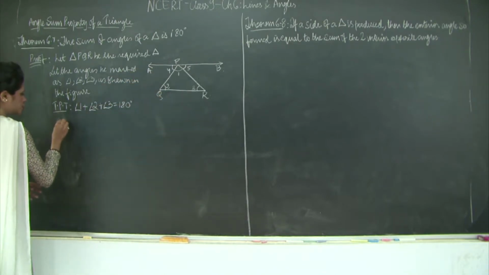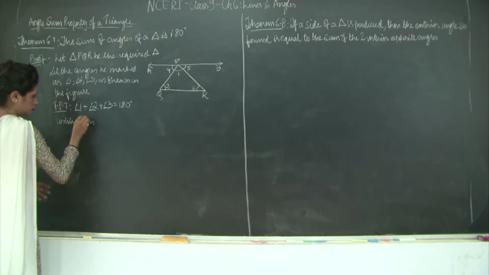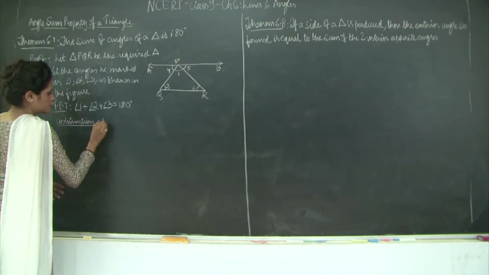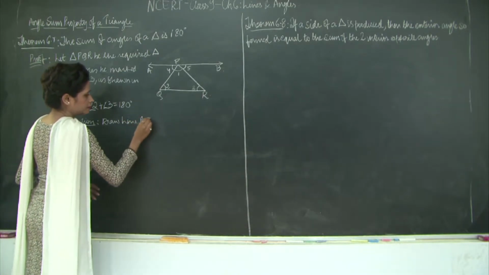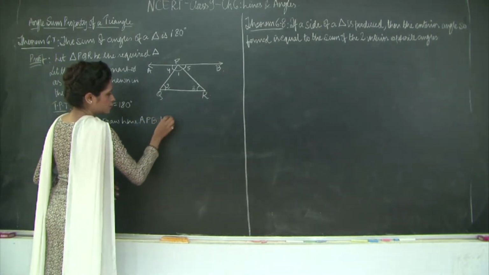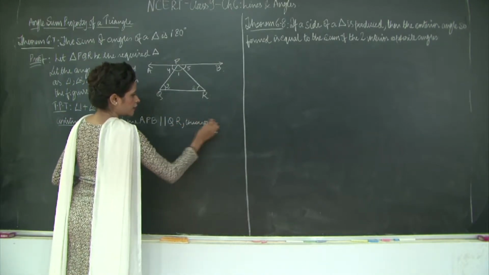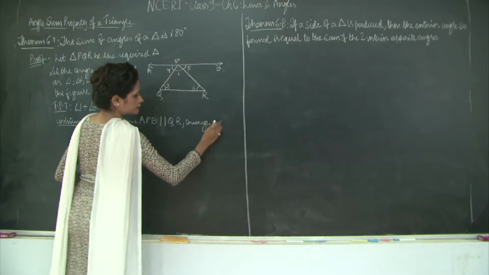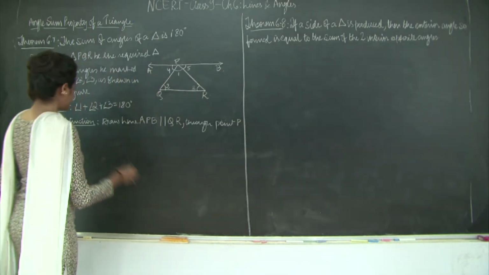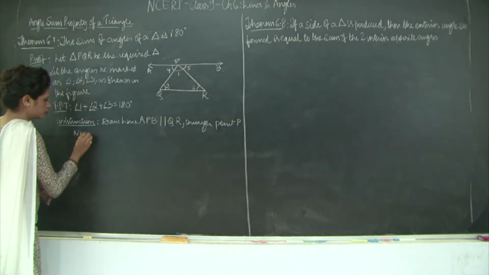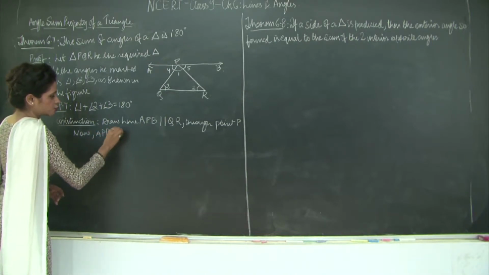So I'll say construction: draw line APB parallel to QR through point P. Right? Now APB is parallel to QR.